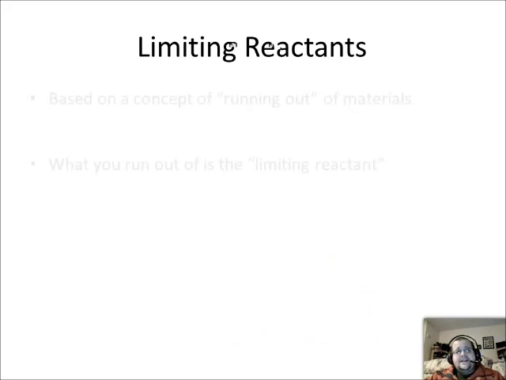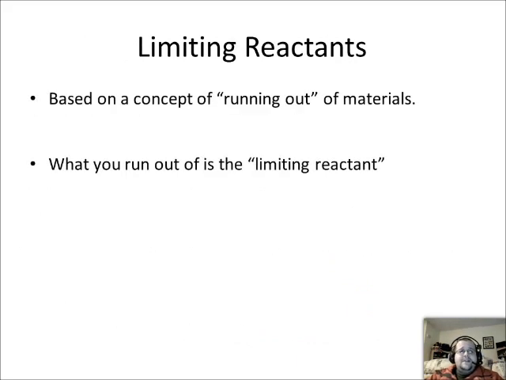Now, to take this a step further, we can move into limiting reactants. Limiting reactants are the varsity type problem, the hardest type problem that we're going to go into in Chem 90 for stoichiometry. It's based on this idea of running out of a particular material. Now, when you run out of one of your reactants, it's going to limit how much product you can make.